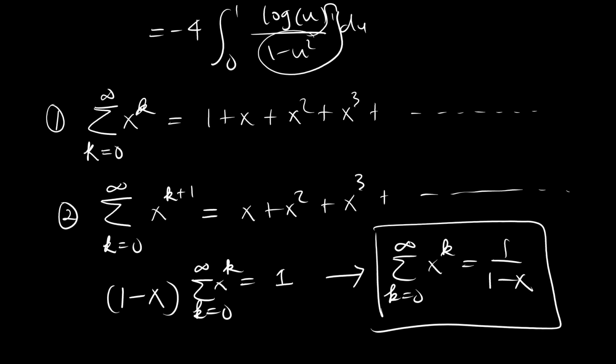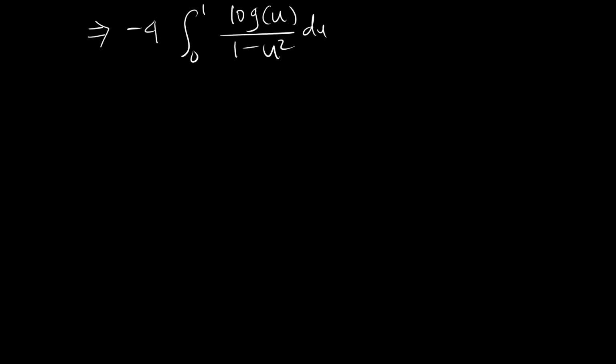So this is important, and yeah, we're spending so much time here, but this is supposed to be an obvious expression. Anyway, so what that means for us is that we have negative 4, 0 to 1, log of u over 1 minus u squared.